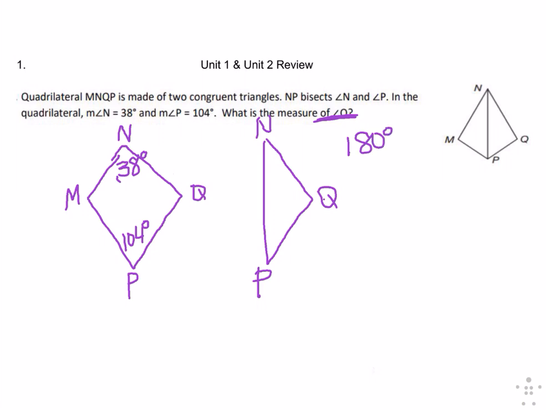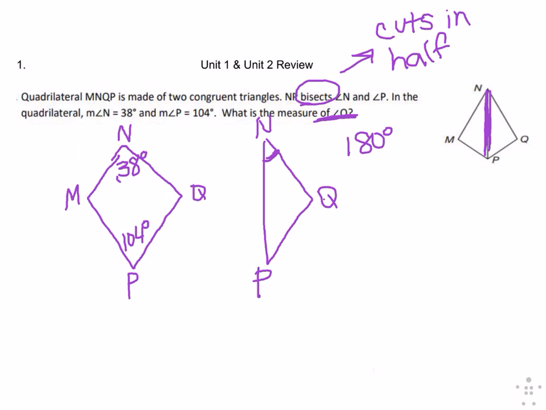So I can figure out this angle N because I know that this line segment NP bisected the original angle N. And the word bisect means that it cuts exactly in half.